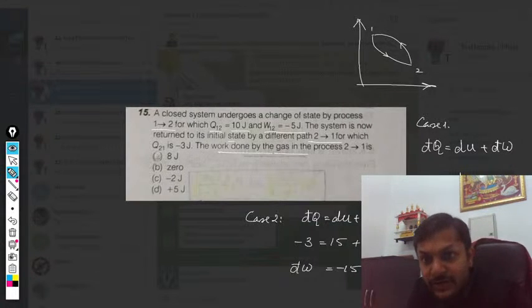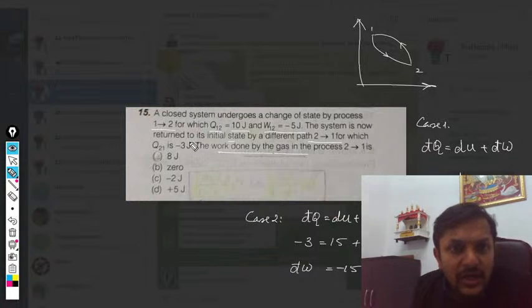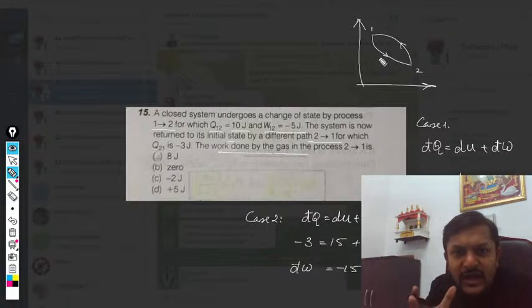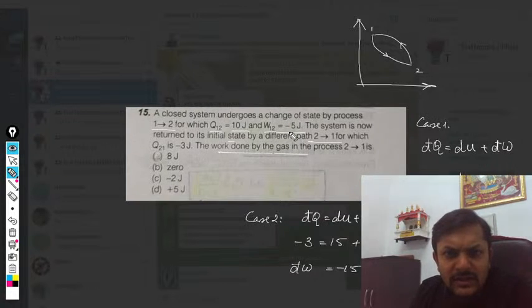Okay, there is a problem here. We have to see. The closed system undergoes a change of state, process 1 to 2. Now Q is 10 joules, so it means heat is added into it and work done is negative. Here is a problem. Work done cannot be negative here.